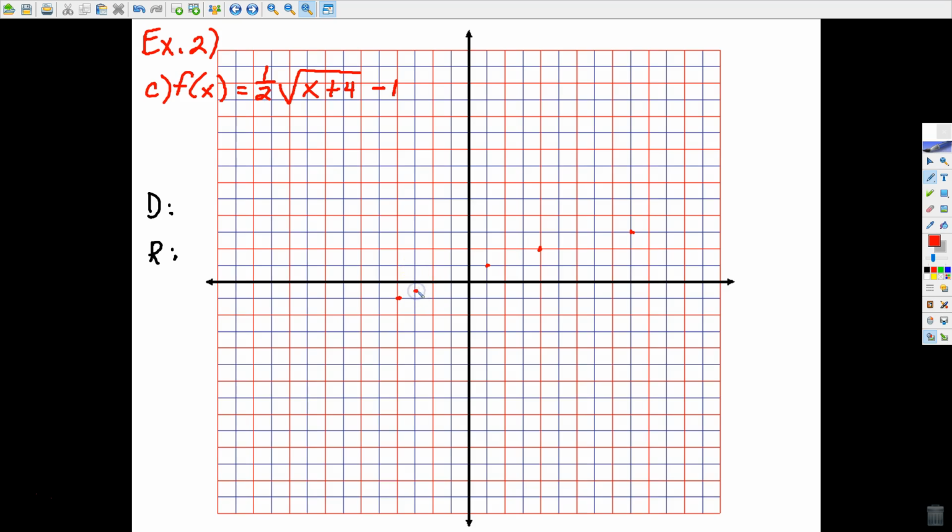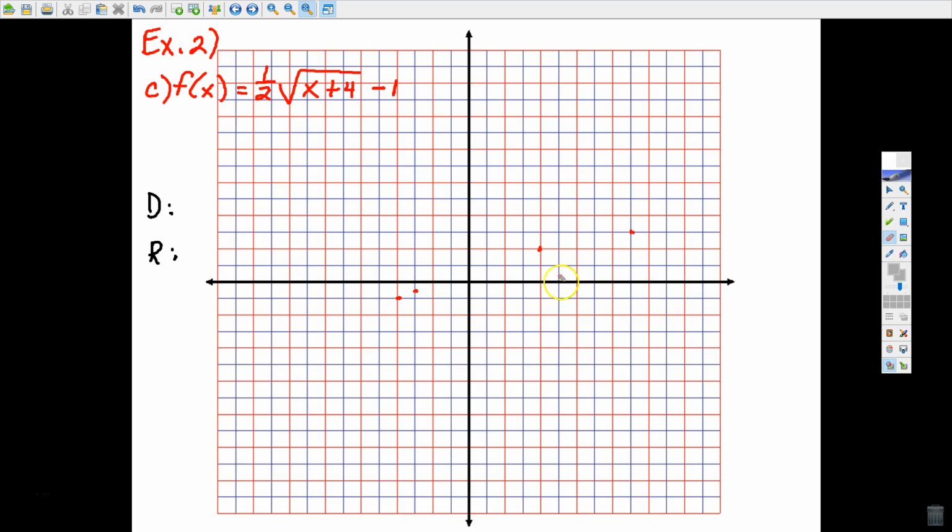So you can already tell. Okay, moving on to our next point. This is the point 4, 2, but when I multiply by 1/2, it makes 4, 1. Okay, so here I am at 4, 1, and then I'm going to do the shift, left 4, and down 1. That takes care of that point.